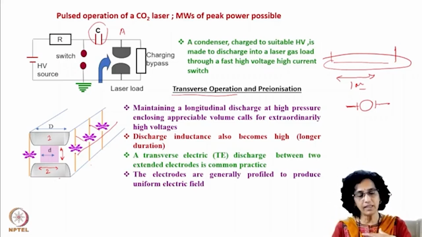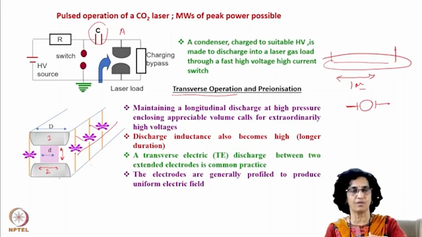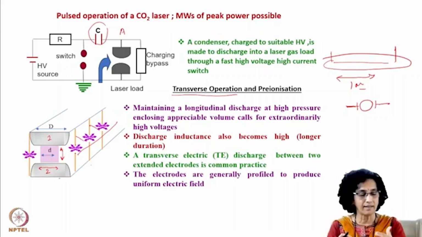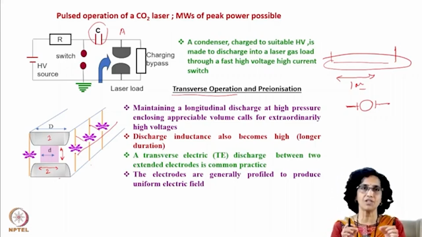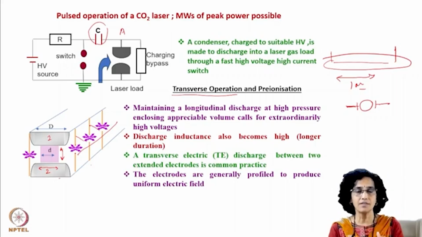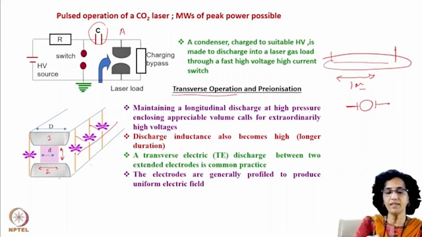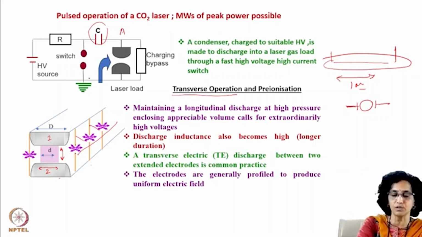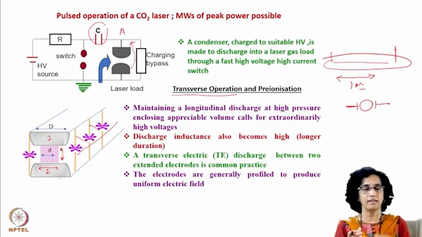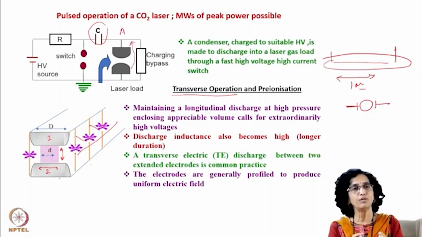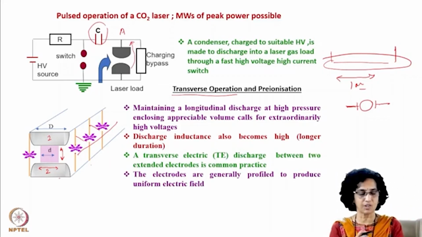And so the initial number density of electrons becomes higher, and therefore any small variation in it here and there doesn't really matter. And when we discharge the main condenser through the switch into the laser load, it results in a good uniform glow discharge.